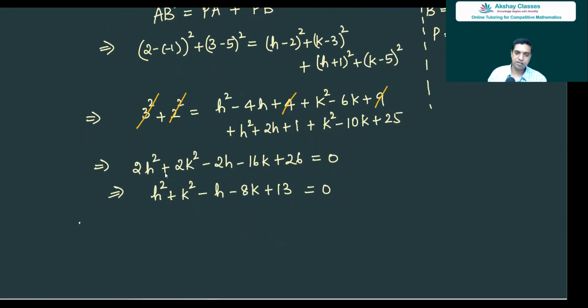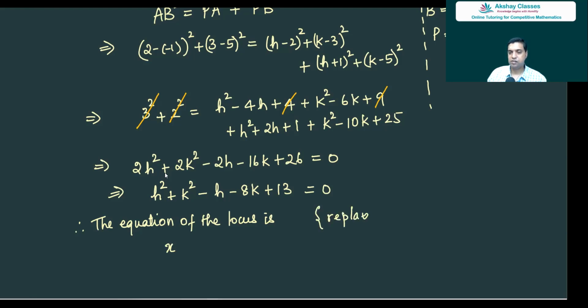Therefore, the equation of the locus is, replace h by x and k by y, so x square plus y square minus x minus 8y plus 13 equal to 0.